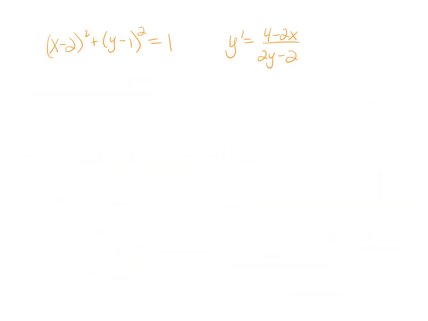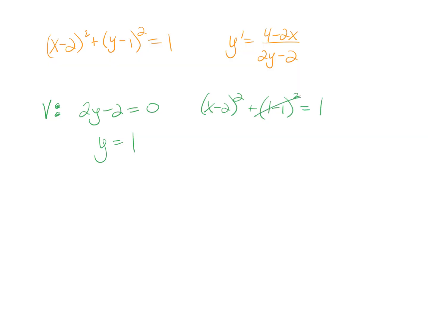Okay, I've rewritten the original equation of the circle and the formula we found for y prime. And I want to find out when my tangent lines are vertical. Okay. And vertical tangent lines happen when the derivative is undefined, which would happen when its denominator is 0. And that would happen when y equals 1. And to find the x values that go with that, we're going to plug into our original equation. (x − 2)² + (1 − 1)² = 1.